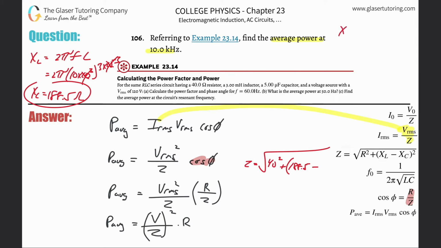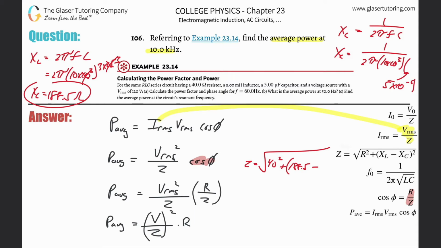X sub C is 1 over 2 pi times the frequency times the capacitance, so 1 over 2 pi times 10 times 10 to the third, times the capacitance. That's a 5 microfarad, so it's 5 times 10 to the minus 6, because it's micro.